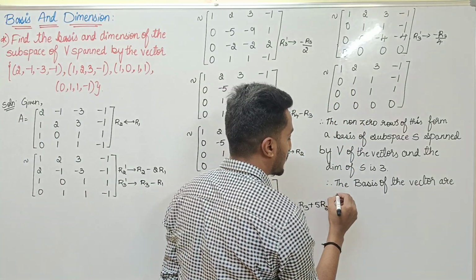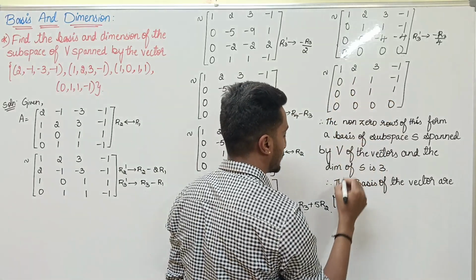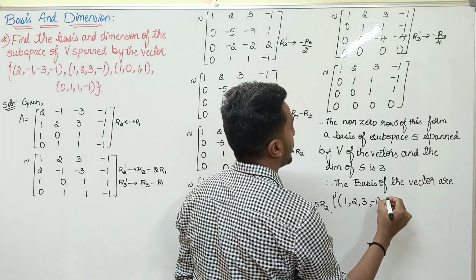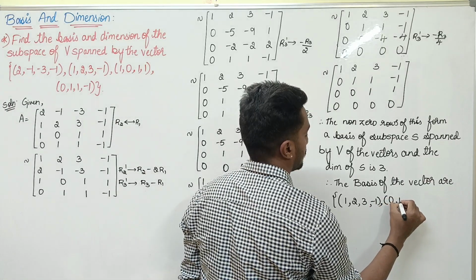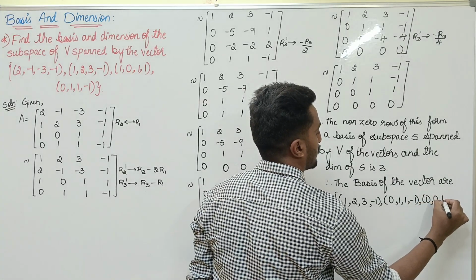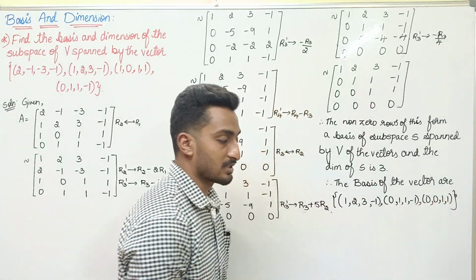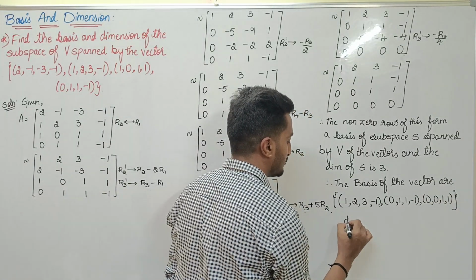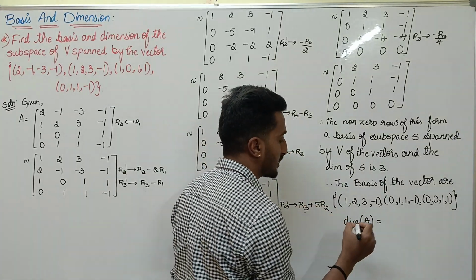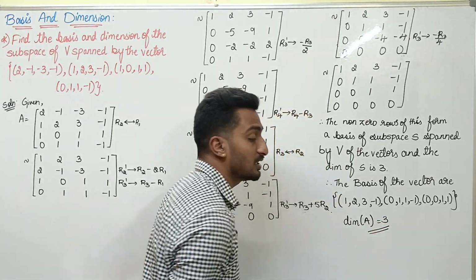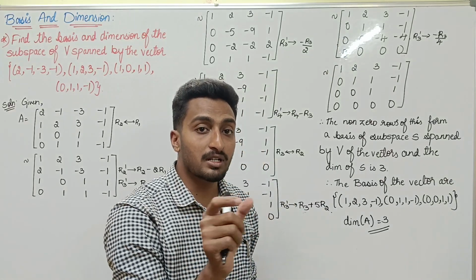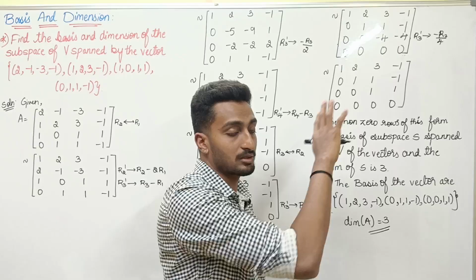The non-zero rows we represent in vector form: first row 1, 2, 3, minus 1, comma 0, 1, 1, minus 1, comma 0, 0, 1, 1. This is the basis. And what is the dimension? The dimension of A, the represented matrix, is 3. What does dimension represent? The number of non-zero rows: 1, 2, 3.